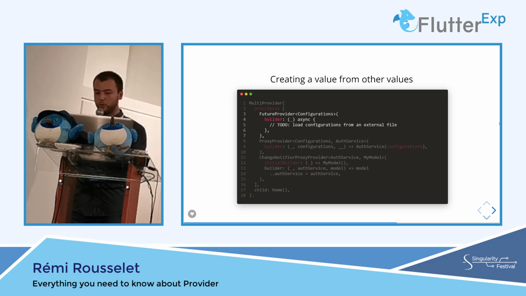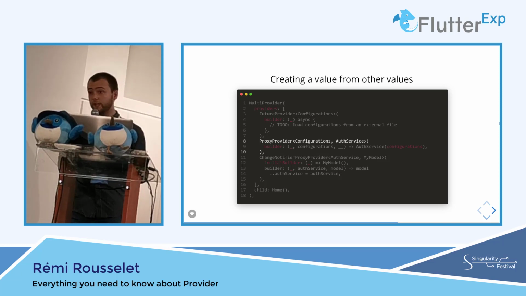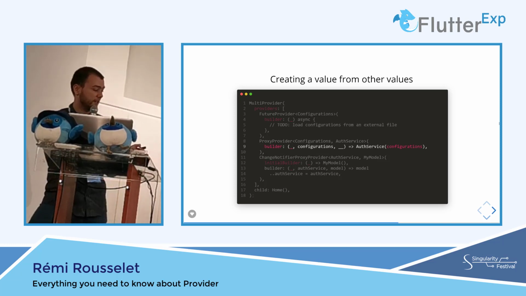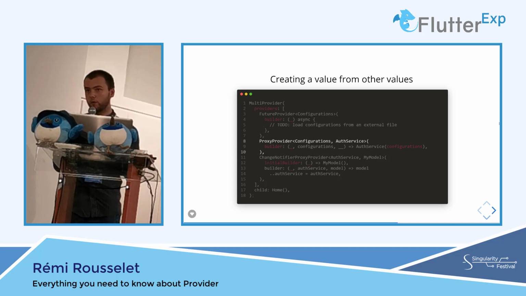But then we want to have a notification service that is based on these configurations. So we could use a variant of the widget provider that is called proxy provider. Basically, instead of creating one value, it will create one value from another value.